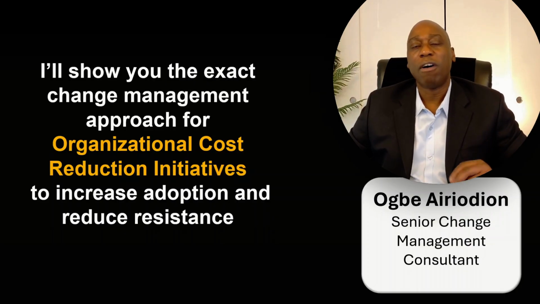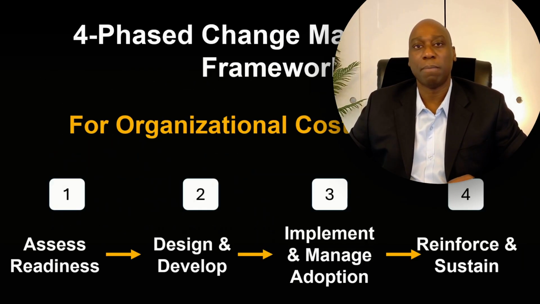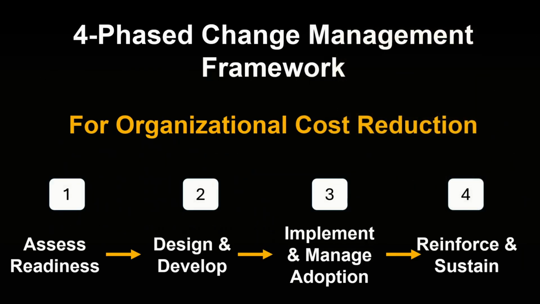There are four phases that you should keep in mind. These four phases are based on best change management practices for reducing resistance and implementing change management the right way for an organizational cost reduction. The first phase is to assess readiness.